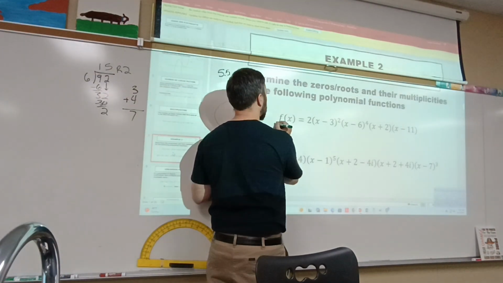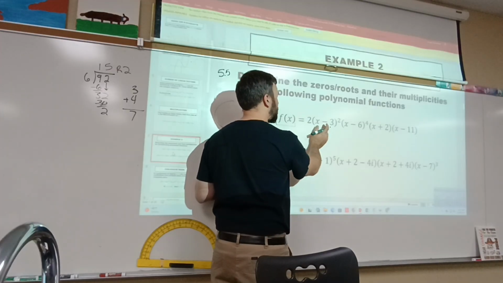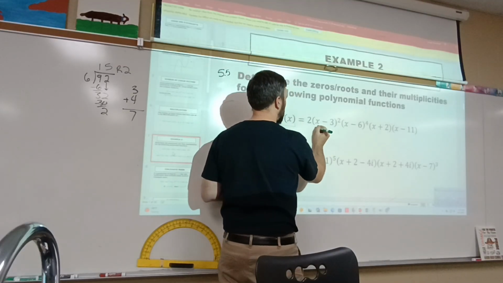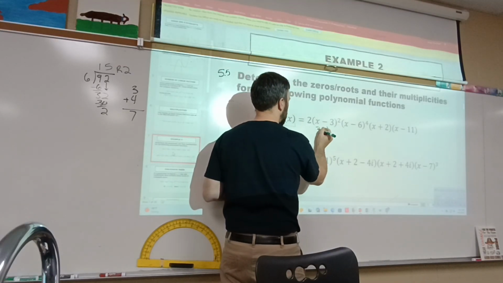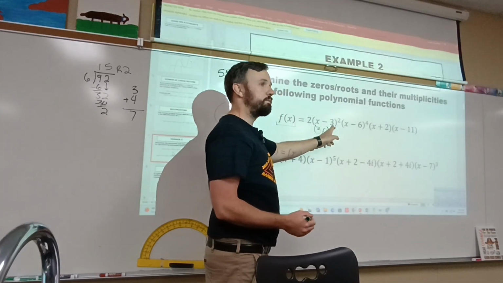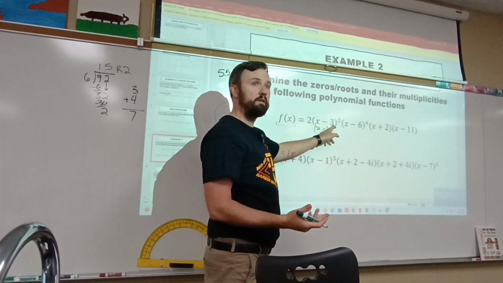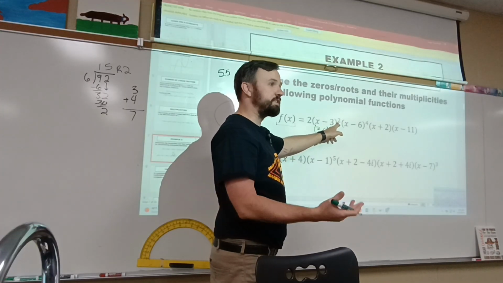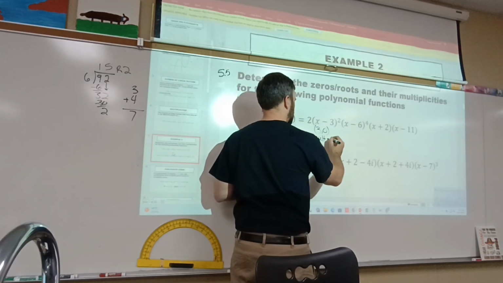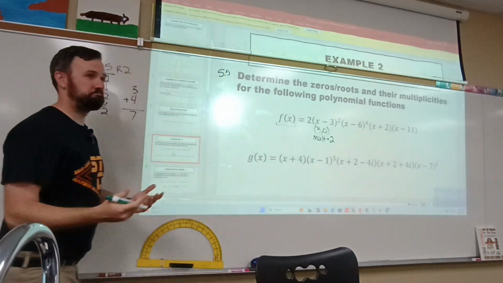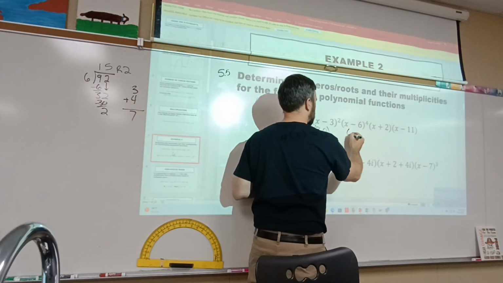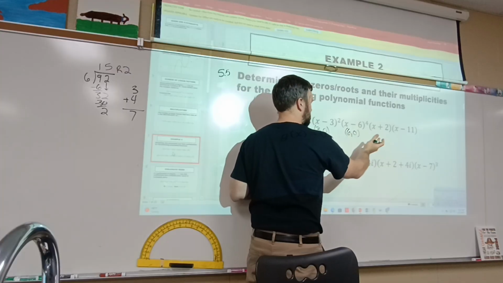So like for this one, we have a 0 at where? Where are my zeros? We have 4 of them. I have a 0 at -3, 0, right? How many times do I hit that 0? What's the power of it? 2. So what's the multiplicity of that 0? Multiplicity is 2. This is a 0 at 6, 0, or x equals 6.